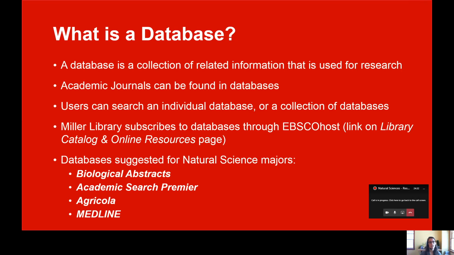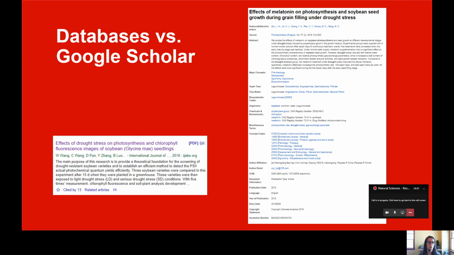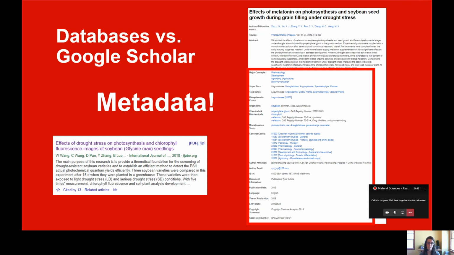Let's talk for just a second about some of the differences between databases and Google Scholar. One difference in particular that I want to highlight here is metadata. You'll see the Google Scholar snip on the left-hand side of the page, and it provides the title of the article, the authors, the journal, an abstract. That's all helpful information. But when you're talking about databases, a huge value added is that the database provides additional metadata, or data about the article, that is included within the record for the article.